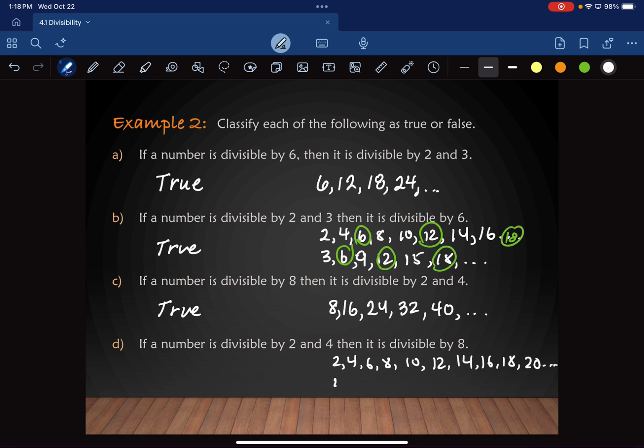I can do a list of 4's, 4, 8, 12, 16, 20, and it keeps going. And we circled things that are in common to both lists. 4, 8, 12, 16, 20. Are all the numbers circled divisible by 8? No. What's wrong? 4.